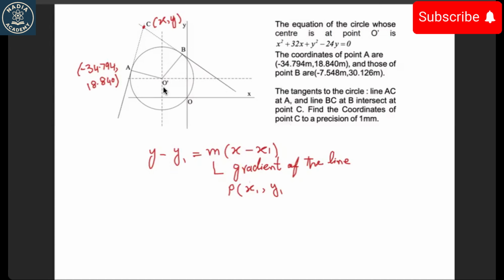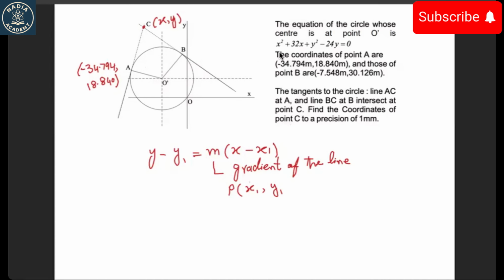For this, let's first find the gradients of the lines O prime A and O prime B. We know the coordinates of A, but we must also know the coordinates of the point O prime, which is the center. Then we will have 2 points on this radial line and we can find its gradient, and the negative reciprocal of it will be the gradient of the tangents.